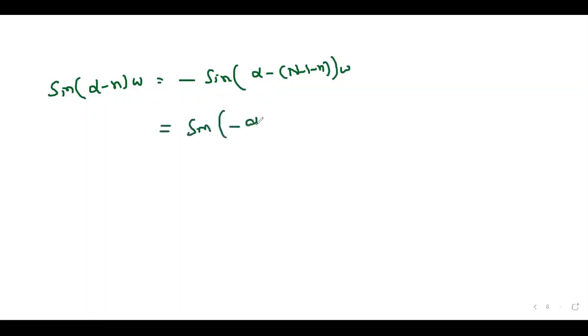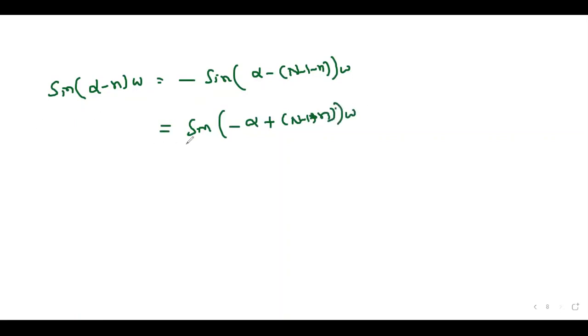Since sine of alpha minus n into omega is equal to minus of sine of alpha minus of n minus 1 minus n into omega. Since minus, if you want to throw it inside, you can take it as sine of minus alpha plus of n minus 1, sorry, minus n into omega.